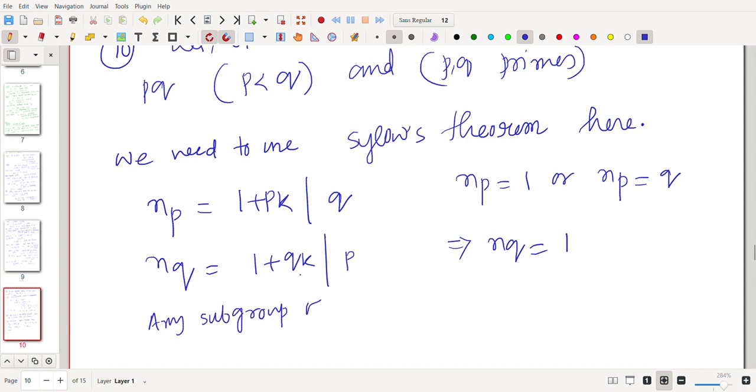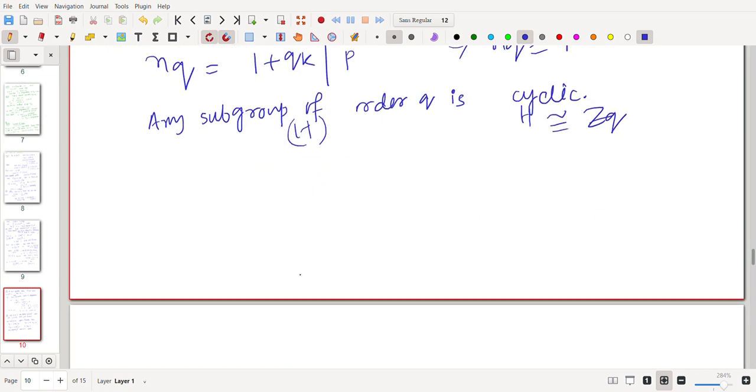Now any subgroup of order q is cyclic, right? That means H is isomorphic to Z_q.